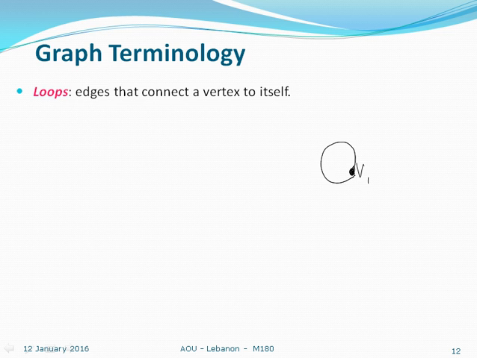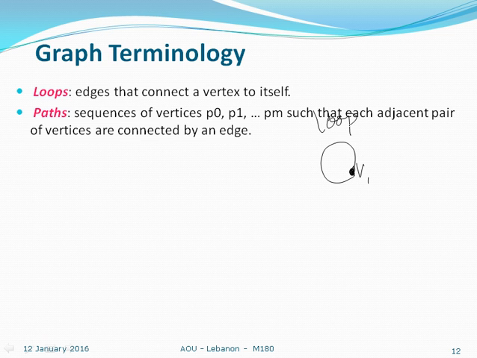Then there are some terms related to the graph that we have to study. A loop is nothing but an edge that connects a vertex to itself. For example, let's say this is a vertex v1, and an edge is connecting to itself. We call it a loop. Then a path is a sequence of vertices from a vertex to another vertex, such that each adjacent pair of vertices is connected by an edge.